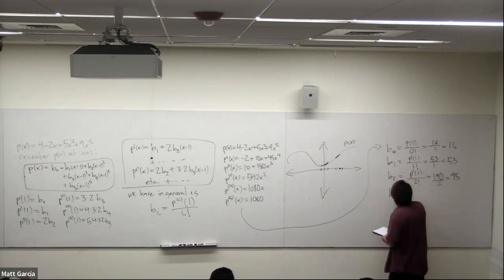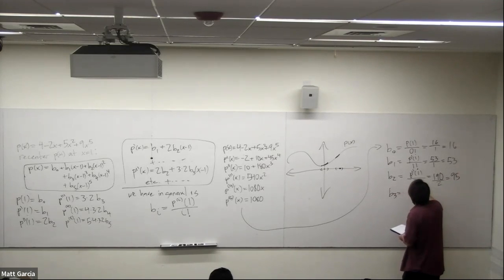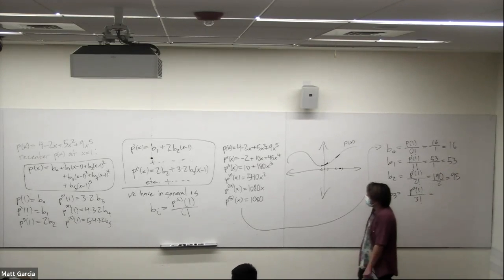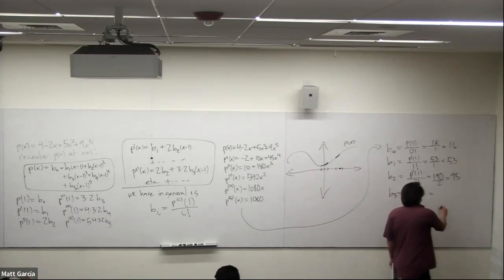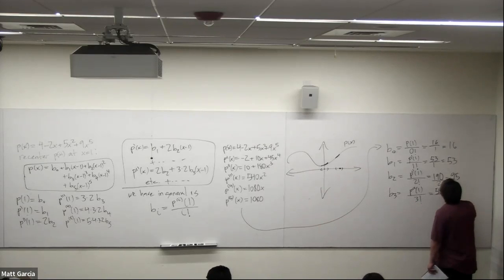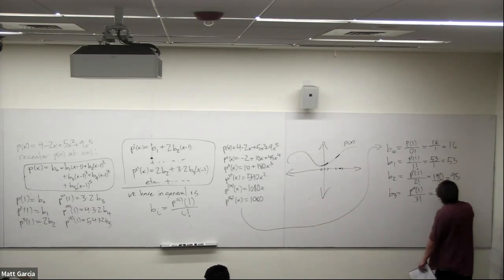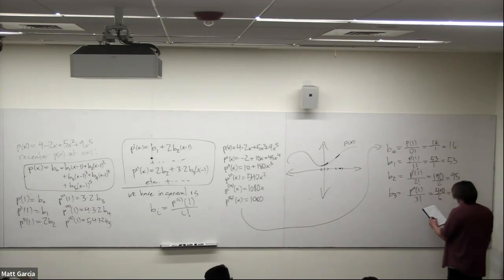Okay. P3. Evaluate the third derivative at 1. What do we get? 540, divided by, what's 3 factorial? 6. Good. What does this give us? P3, 90.